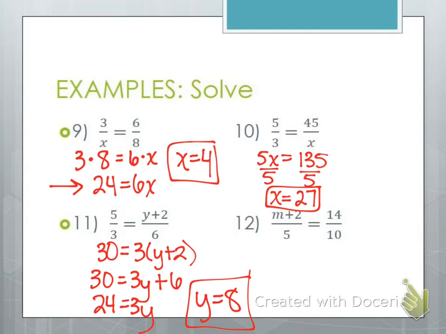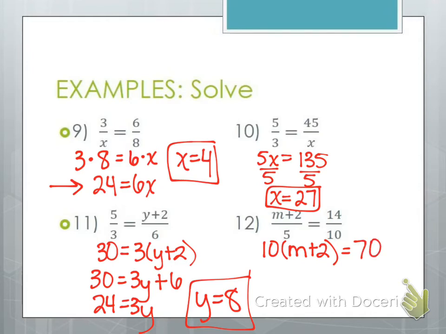All right, on number 12, I'm taking m plus 2 and I'm multiplying it by 10. So I'm going to write that as 10 parentheses m plus 2 so that I remember to distribute. And then I have to take 5 times 14, which gives me 70.